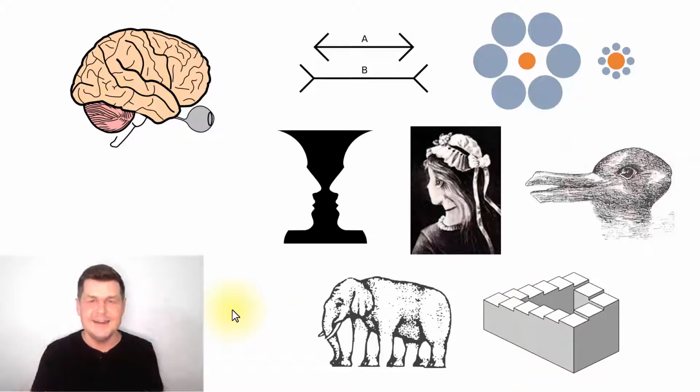So those are 8 different kinds of optical illusions.